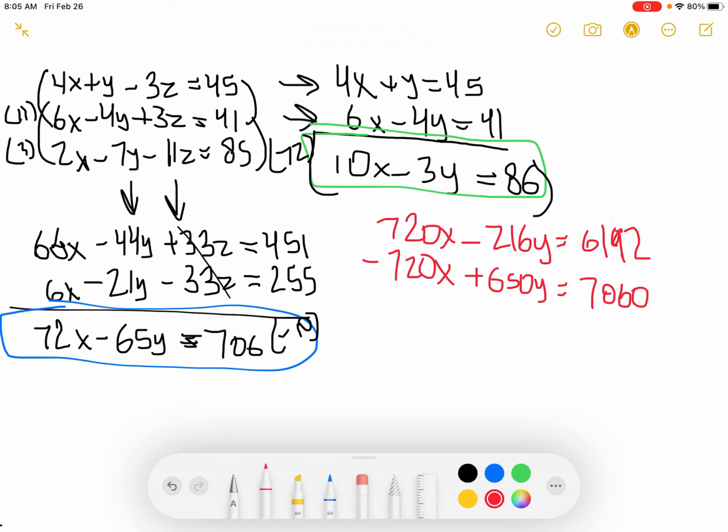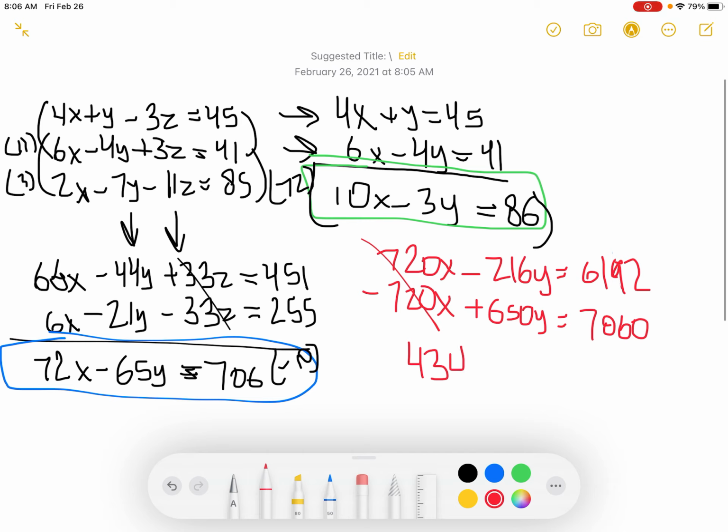So now we know these cancel out. Negative 216 plus 650 is 434y equals... wait a second.